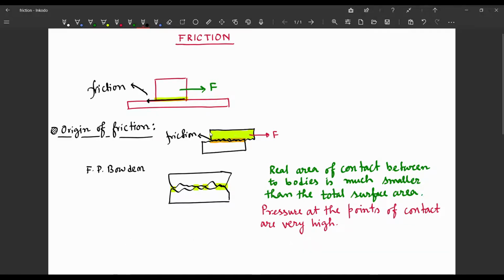There is a molecular bond between these two bodies at the points of contact.